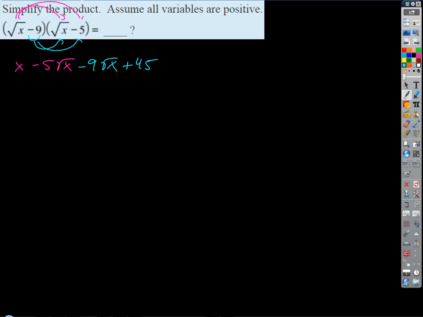And so if I combine like terms, everybody agree those are actually like terms? Because I'm multiplying a number by the same power of a variable by a square root. So what's -5 of something minus 9 of something? Minus 14 of whatever you're adding up. Well, these are just square roots of x, right? Plus 45. And that's it?